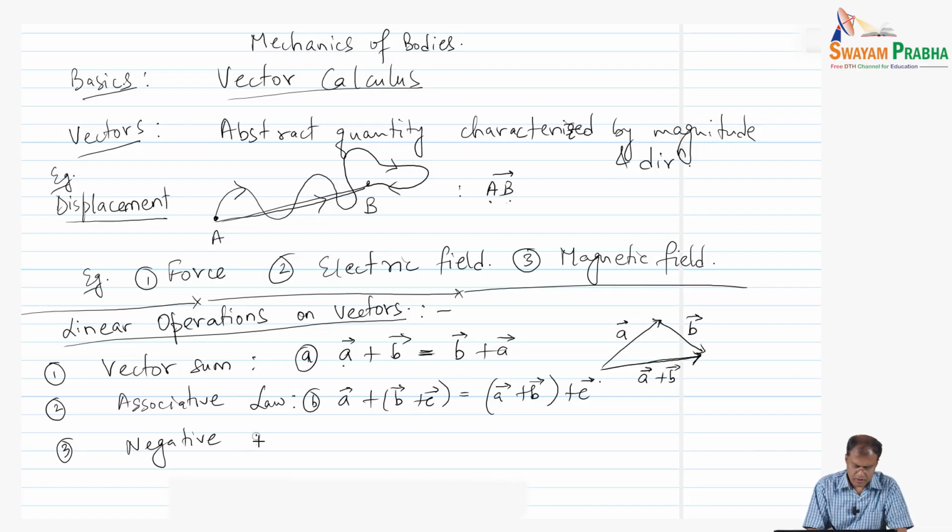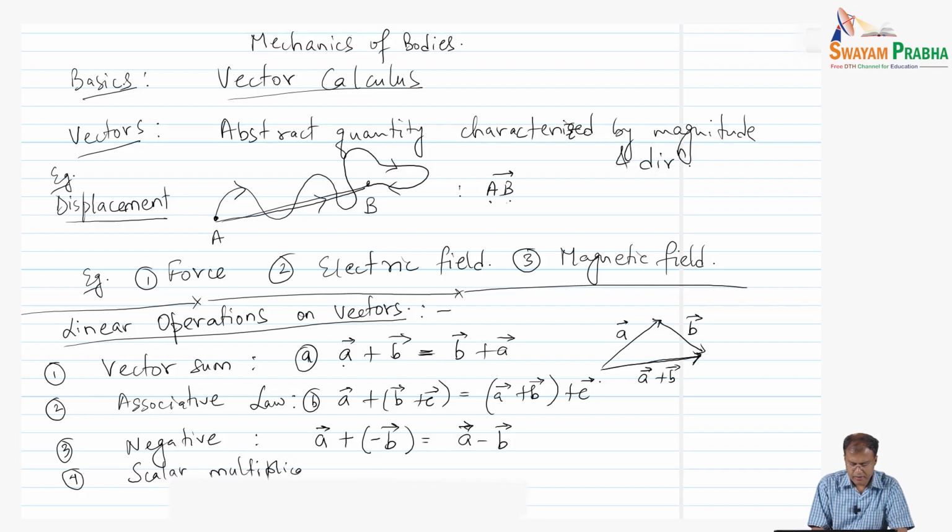Let's say we have a vector A being added with the negative of a vector B, and this is the same as the subtraction of B from A. And then we could also have the operation of so-called scalar multiplication.